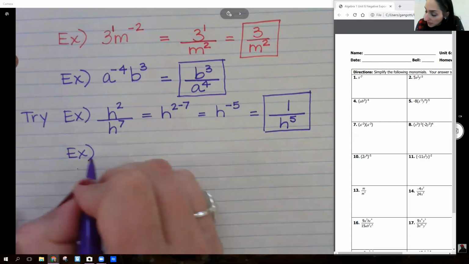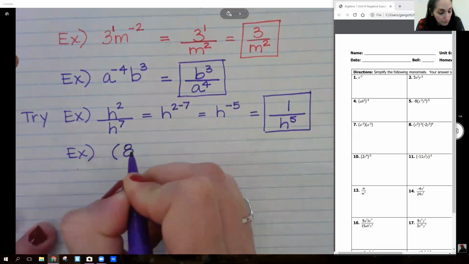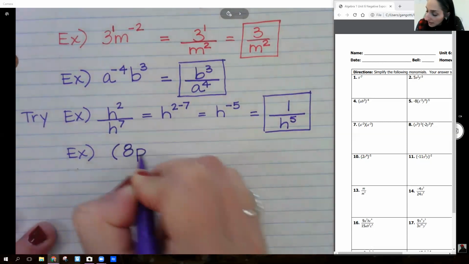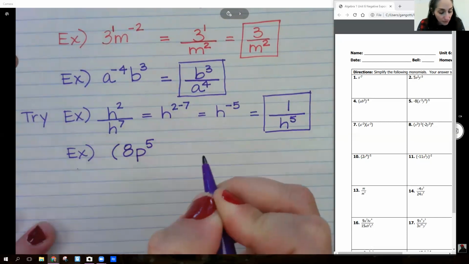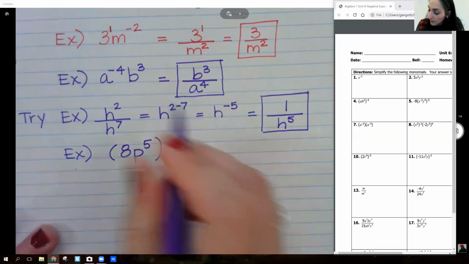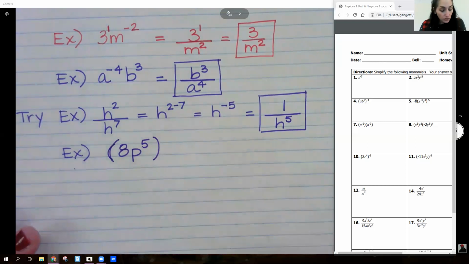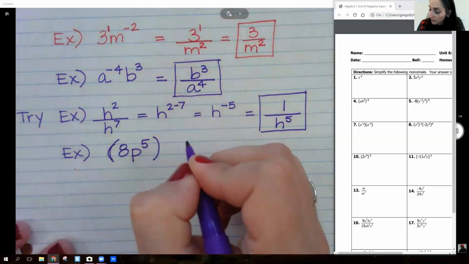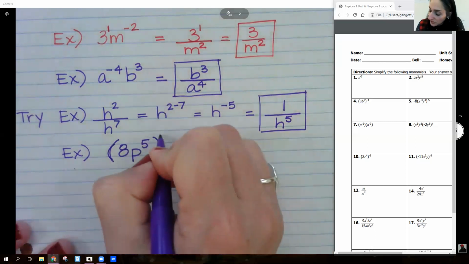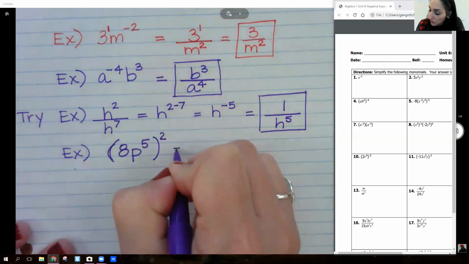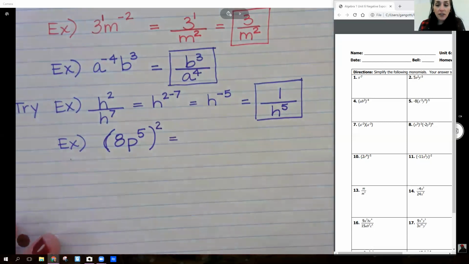So let's do something like this. 8p to the 5th raised to the positive 2. This one doesn't have negative exponents, but it's just a good one to review, power raised to a power. We'll do that first.